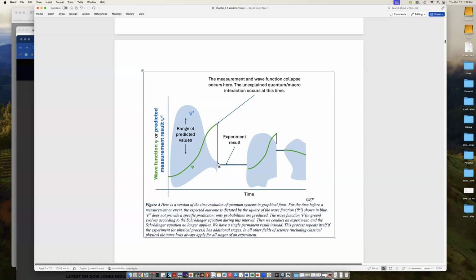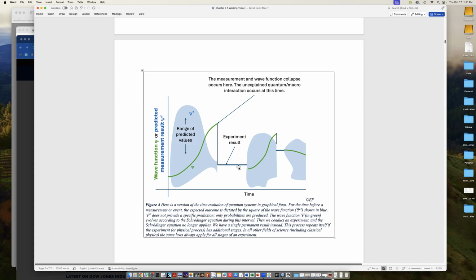For example, this could be where one of those electrons landed on the detector system that I just showed you. So we have a wave function defined by the environment in which the quantum particle exists. The wave function tells us the probability or the prediction for outcomes of experiments or measurements, and then we get a result.